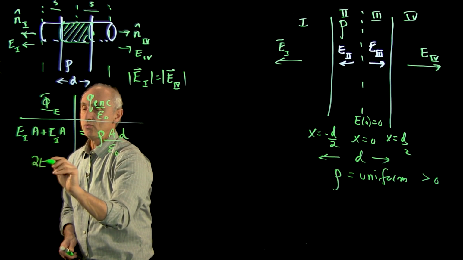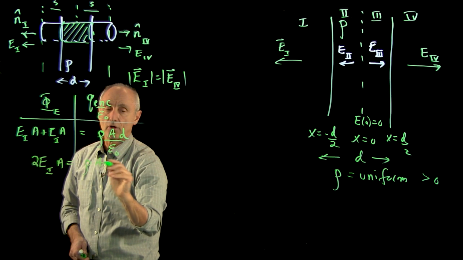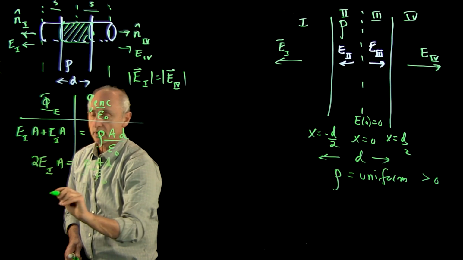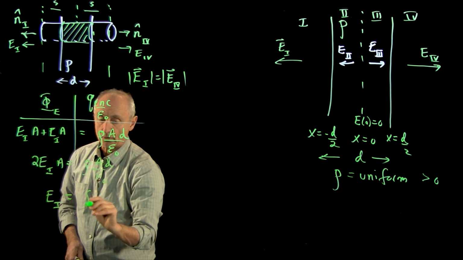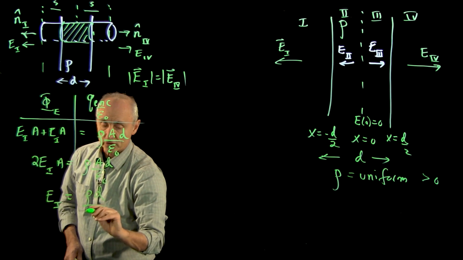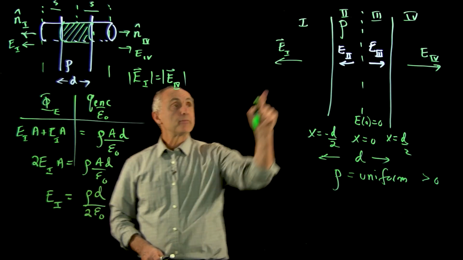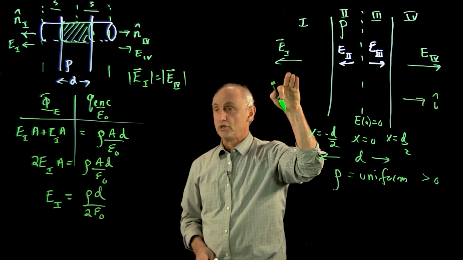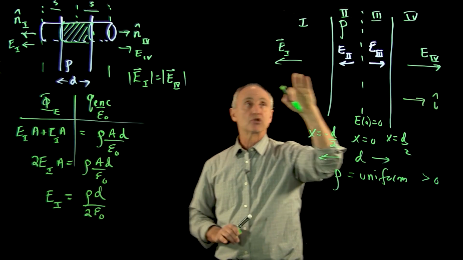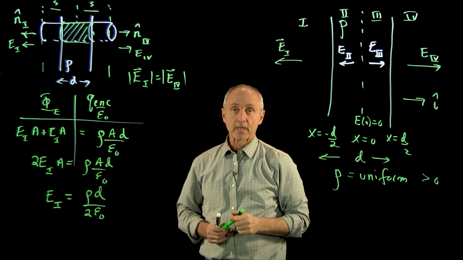And so we get 2 E1 A equals rho A d over epsilon naught, and the magnitude of the field is given by rho d over 2 epsilon naught. Now, remember, let's call this our positive i hat direction. In region 1, it's in the negative i hat direction. And in region 4, it's in the positive i hat direction.